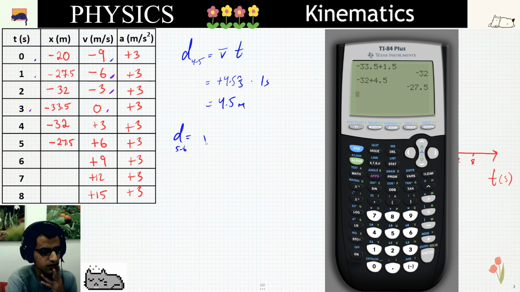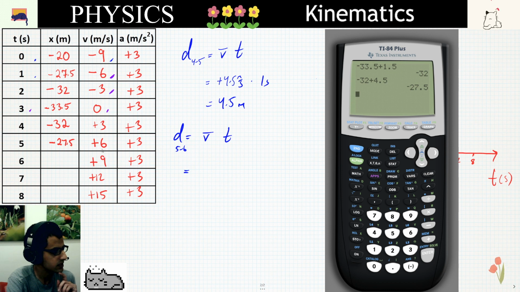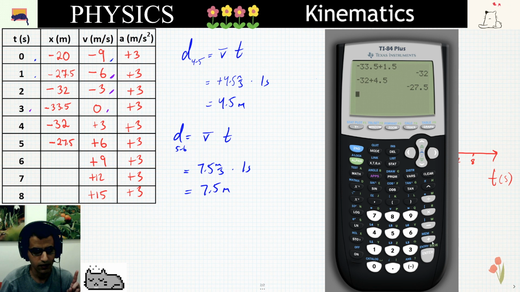I'll do it again now for the displacement from 5 to 6 seconds. Find the average velocity multiplied by time. The average velocity from 5 to 6 seconds is going to be 7.5 times 1 second. So the car travels in the positive direction 7.5 meters. So I'm going to add 7.5 to negative 27.5.